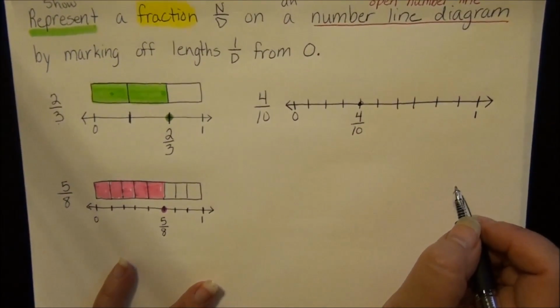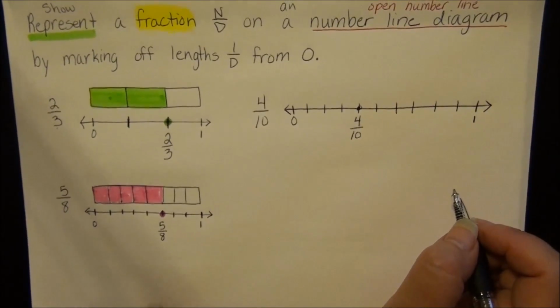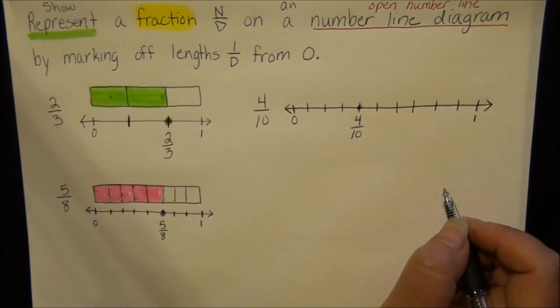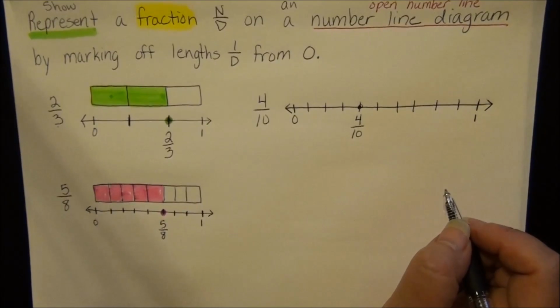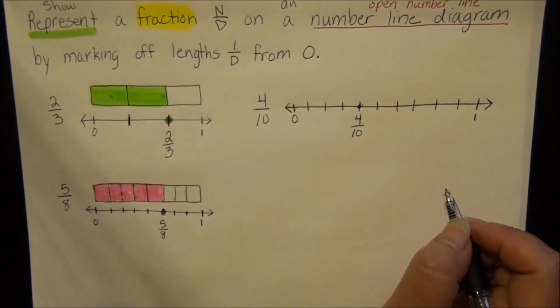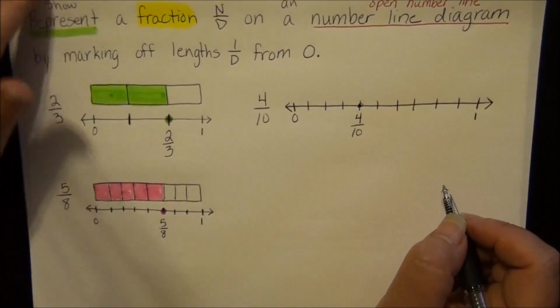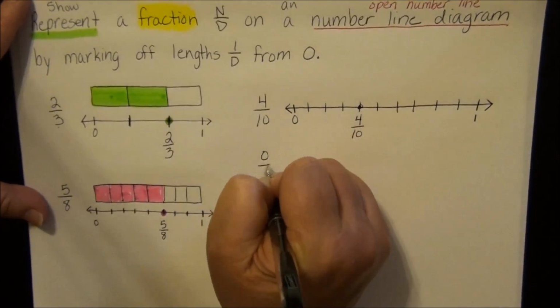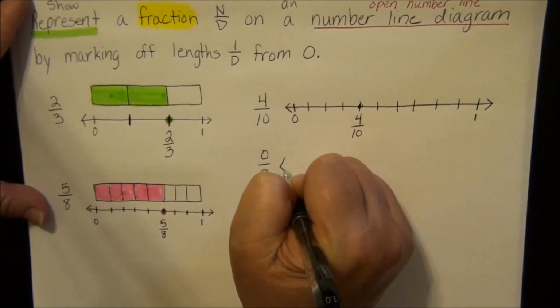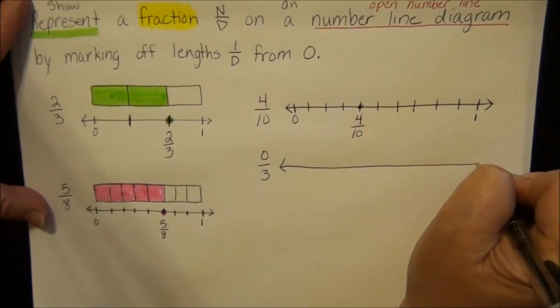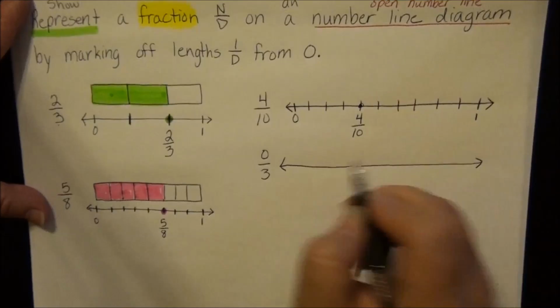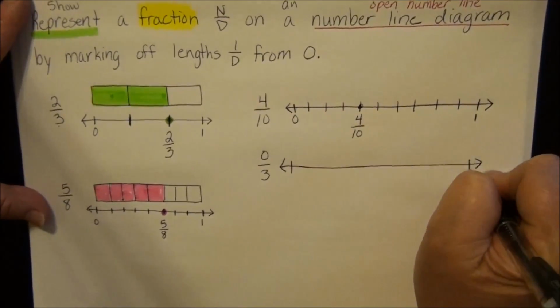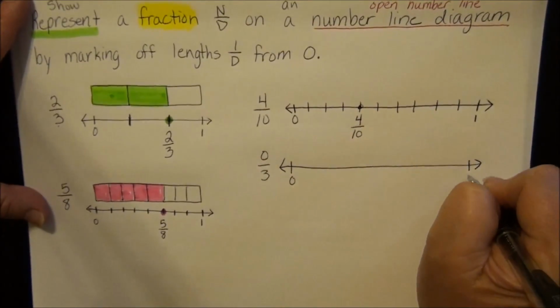Okay, now remember before I showed you 0 out of whatever denominator, same numerator, same denominator. I'm going to show you that on the number line as well. Okay, so we're going to do 0 out of 3. Here's my number line. I'm not drawing a candy bar this time. But like I said, you can if you want.